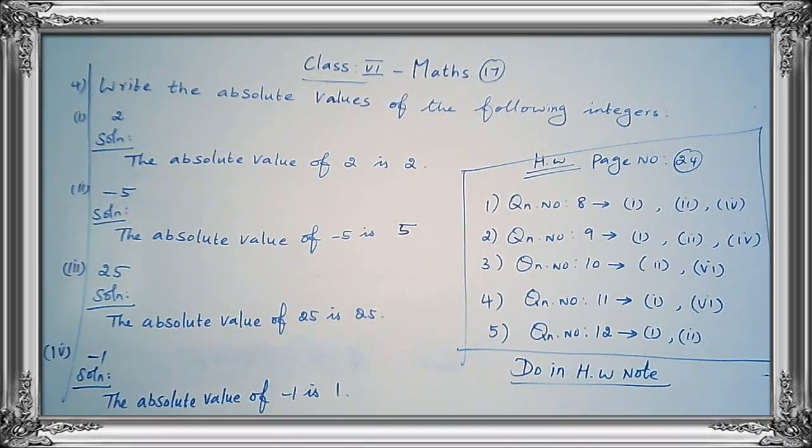So they should be greater than -8. So which integers will come? -7, -6, -5. Yes children? -4, -3, -2, -1. These are negative integers. Yes children? So now you choose only 5 negative integers. Okay?